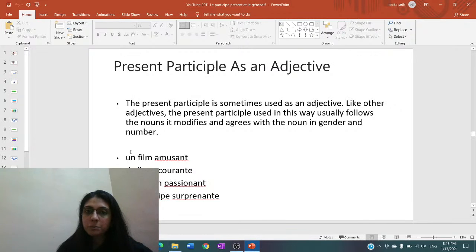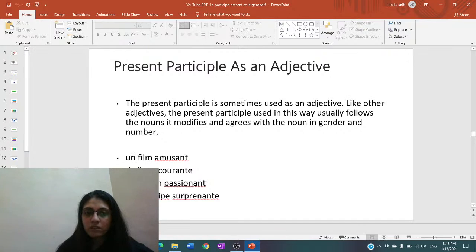Now the present participle is also used as an adjective, like l'adjectif verbal. So like the other adjectives, this also has to agree with the gender and number of the noun.